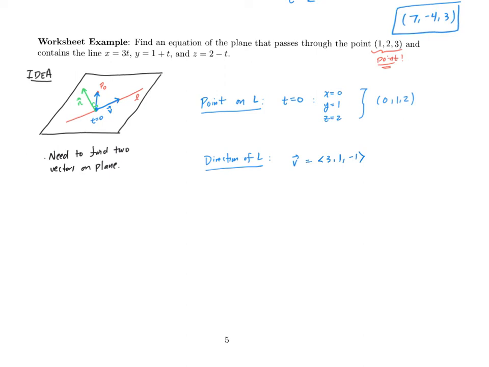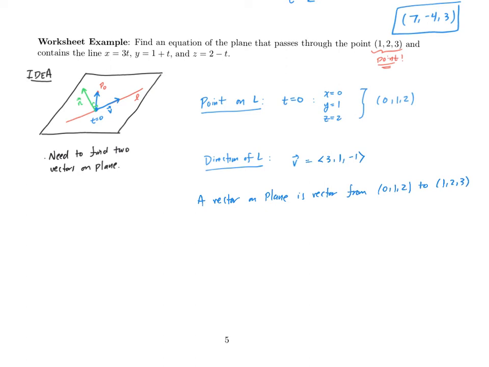What we need now is a second vector on the plane. A vector on the plane would be the vector which goes from the point on the line, (0, 1, 2), to that point (1, 2, 3).